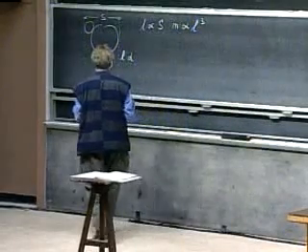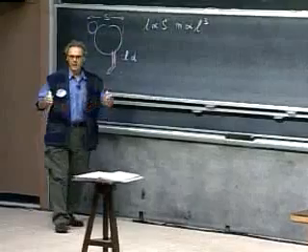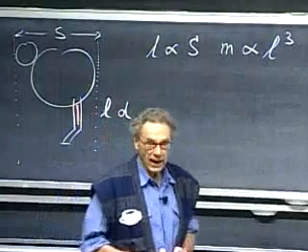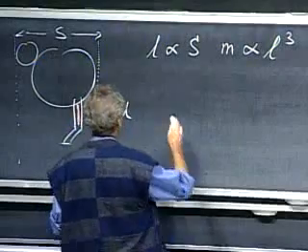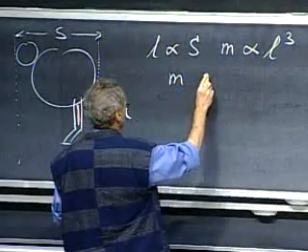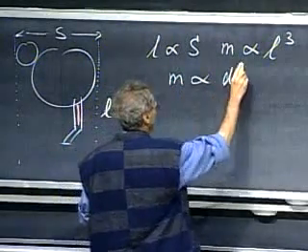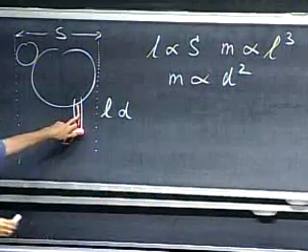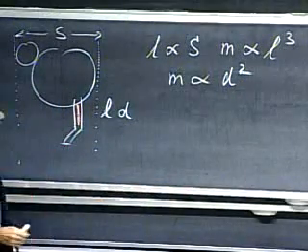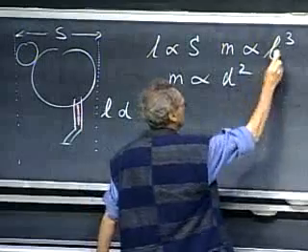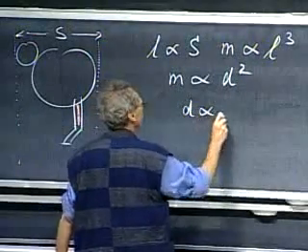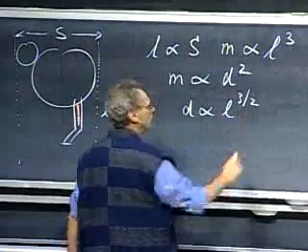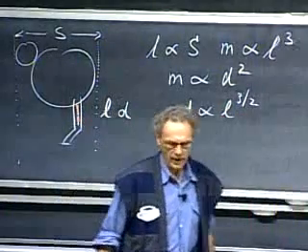In order to protect animals who get bigger and bigger against this crushing, we argued, and I will not go through that argument anymore, that the mass will have to be proportional to d squared, which is the cross-section of the femur. And so you see immediately that d squared has to be proportional to L cubed, so d must be proportional to the length of the femur to the power 1.5.